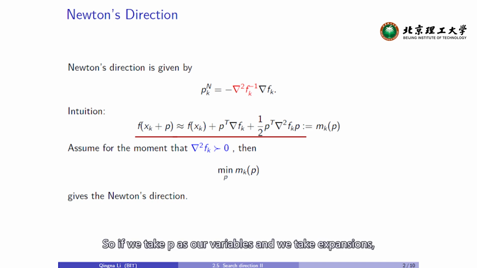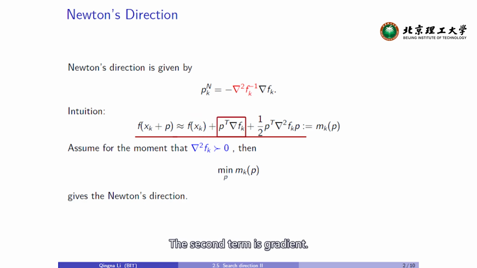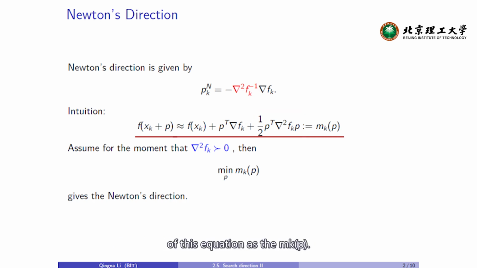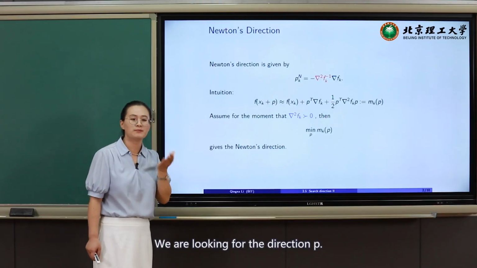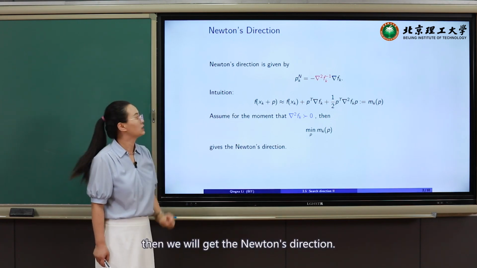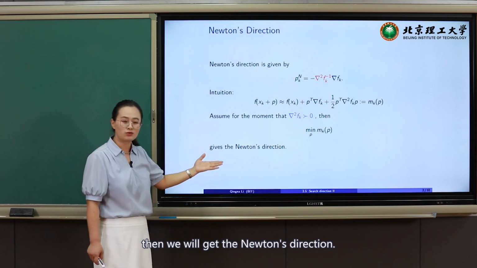If we take p as our variable, the first term is f(x_k) as before, the second term is the gradient, and the third term is the Hessian matrix of f at x_k. We write the right-hand side of this equation as m_k(p). It is a function, and we are looking for the direction p. If we minimize this m_k(p), then we will get Newton's direction.